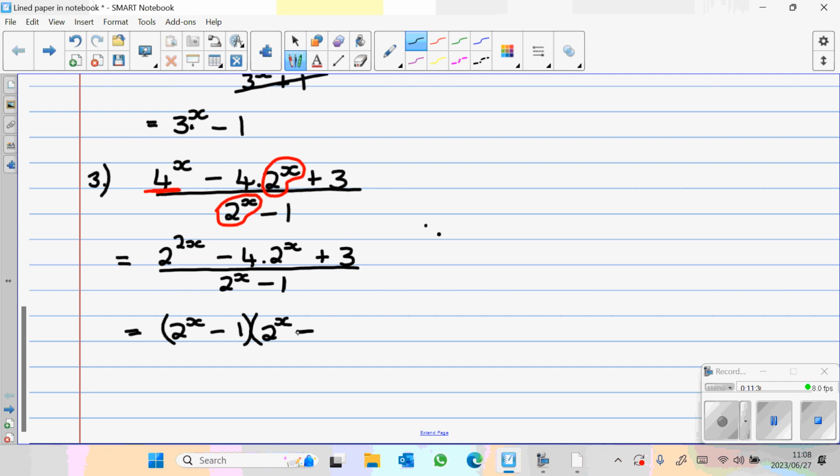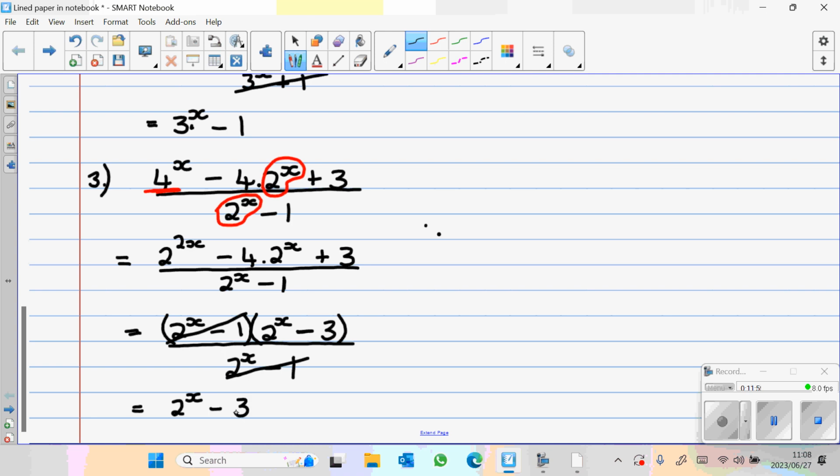And the only way I can get 3 is 1 times 3, and there I have factorized that numerator. And now the bottom and the top can cancel out, and you have 2 to the power x minus 3 as your final answer.